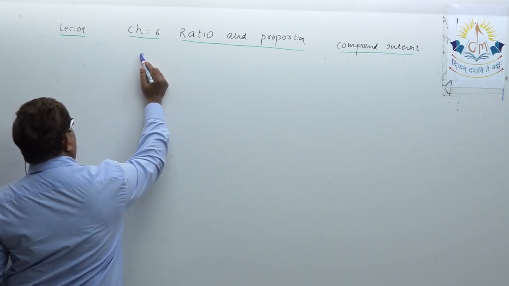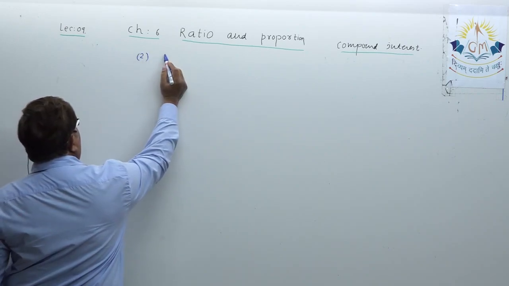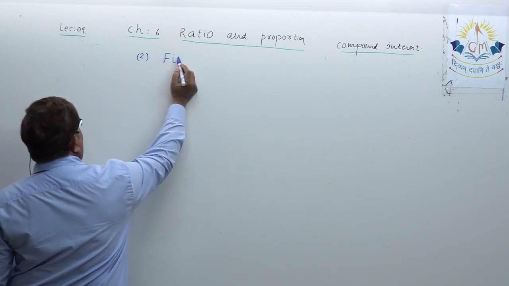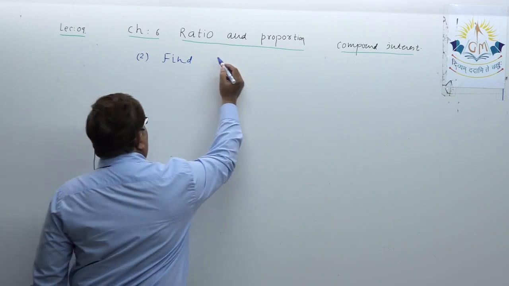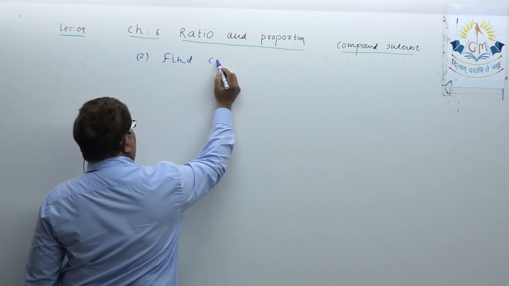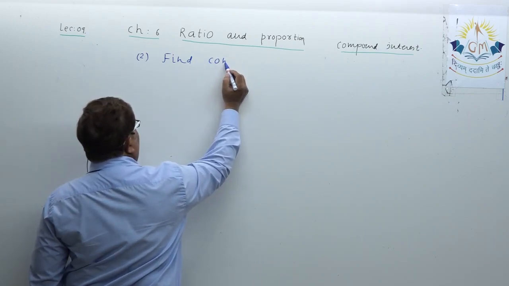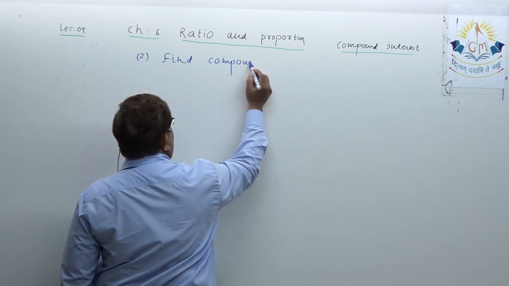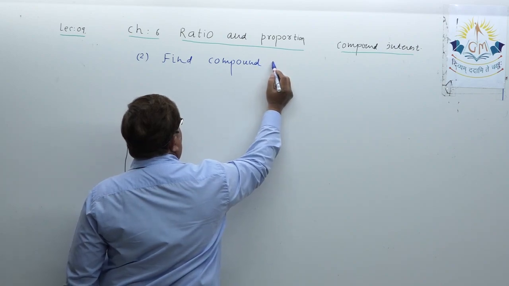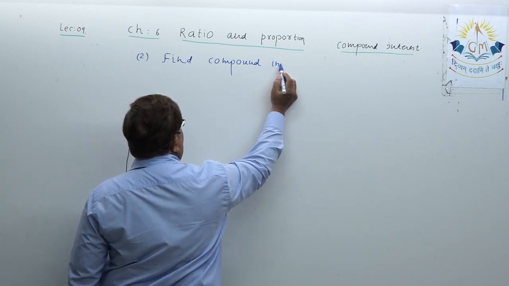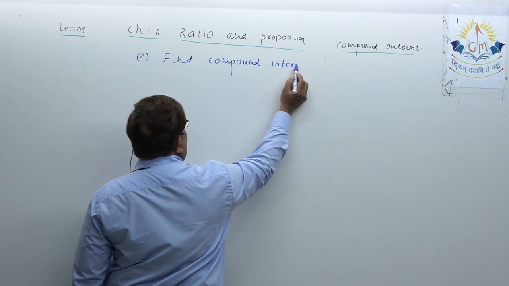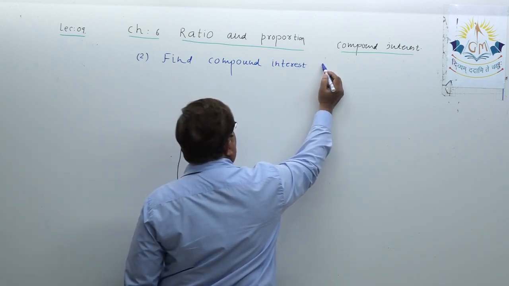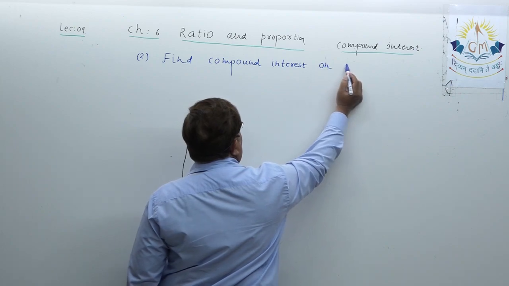Let us write. Okay, find compound interest. Please note down. Find compound interest on rupees.